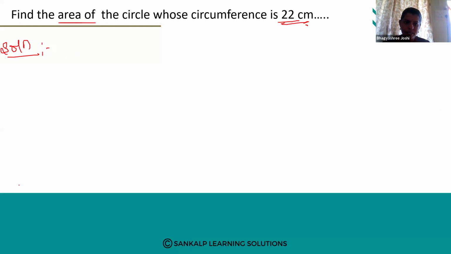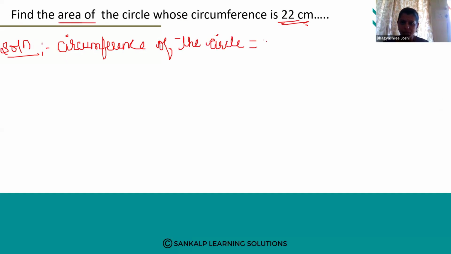So the circumference of the circle is 22 centimeter, and we know the formula of circumference is 2 pi r. So 2 pi r is equal to 22 centimeter.